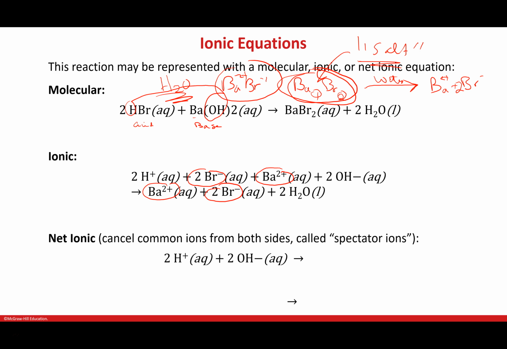So all we have left is the 2 H plus and 2 OH minus going to form, on the product side, 2 H2Os. You have to make a note that this is your ionic formula? Yep, you make a note, otherwise you'd be referring to it a lot.